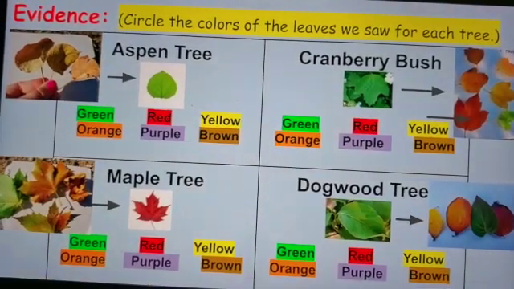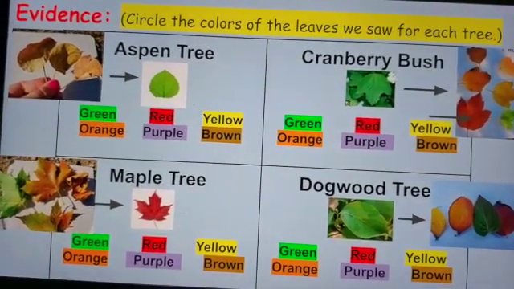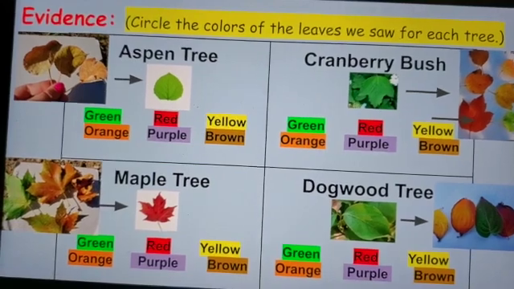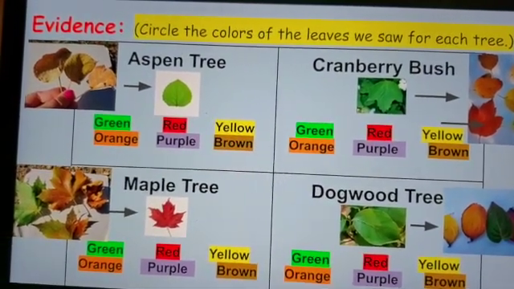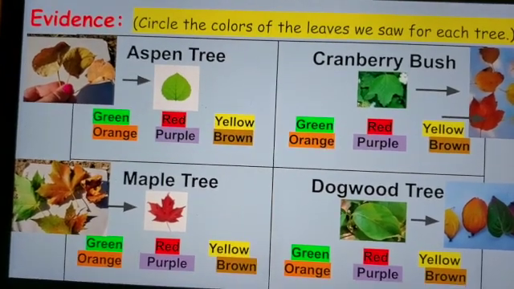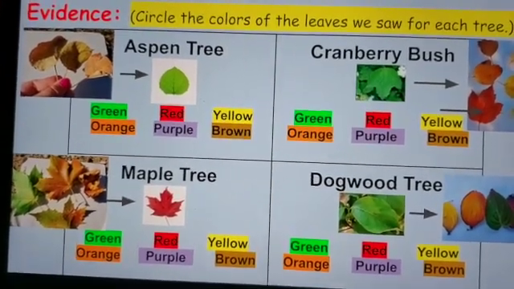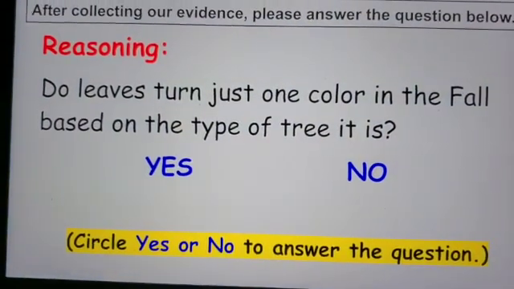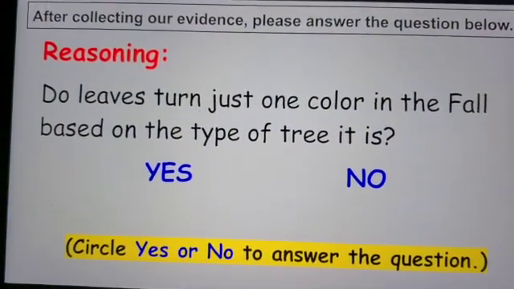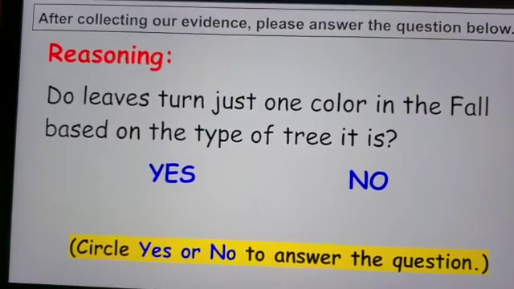Then we're going to be going out in the woods and we're going to be collecting some evidence. So watch the video, but when we get to the evidence part, this is what you're going to be looking at on your Seesaw page. And then the last page is the reasoning. You're going to think about your evidence that you collected.